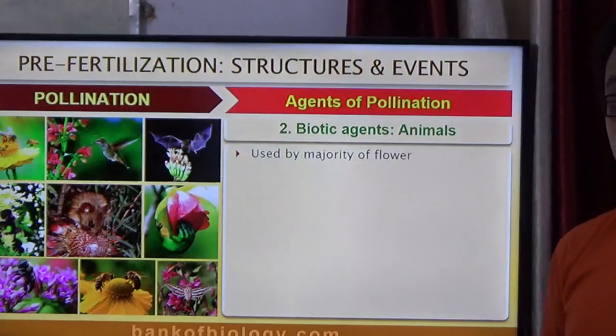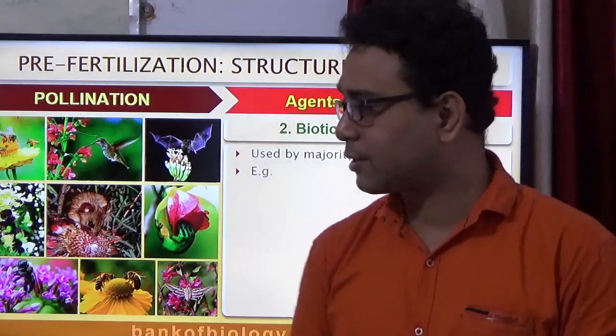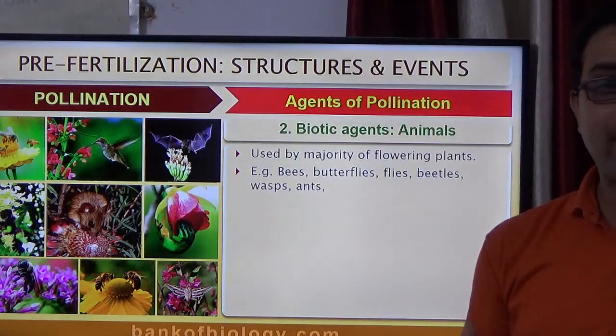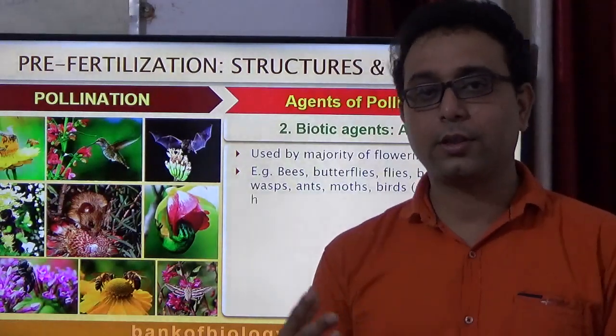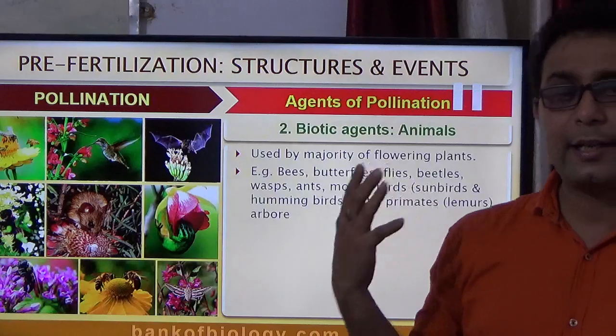Now we discuss the agents of pollination in the biotic agents. First of all, the animals. Used by the majority of flowering plants, animals help in pollination.